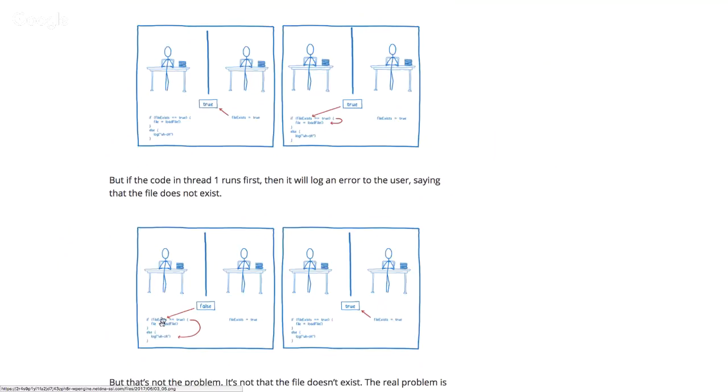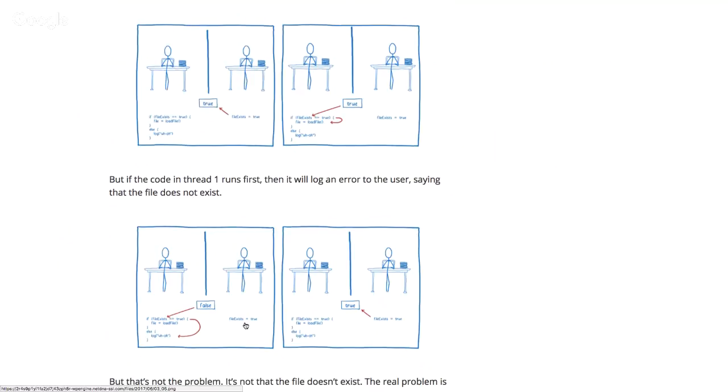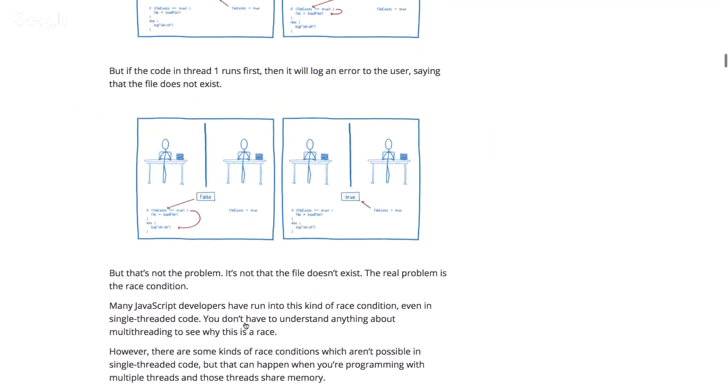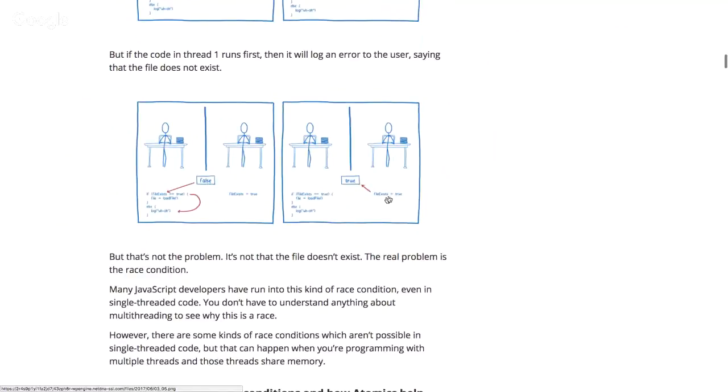If the left web worker gets to file exists first, then the web worker will not be able to load the file, even though the file might be available. So there is a race condition there. But if the right side one executes first, you know that the left web worker will be able to load the file.